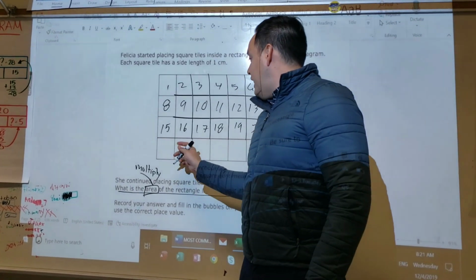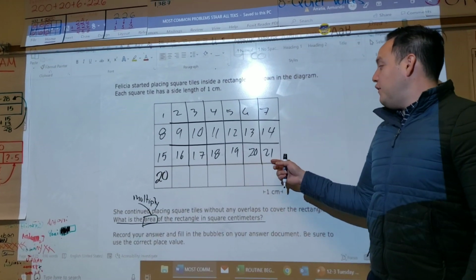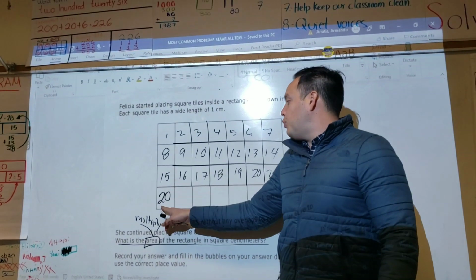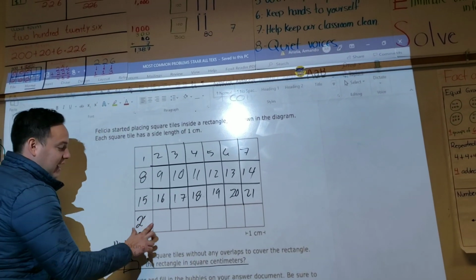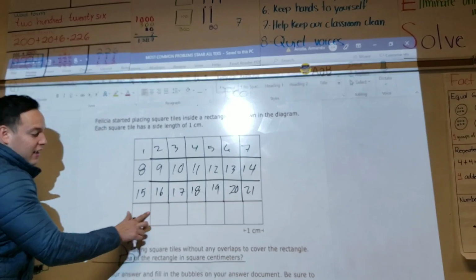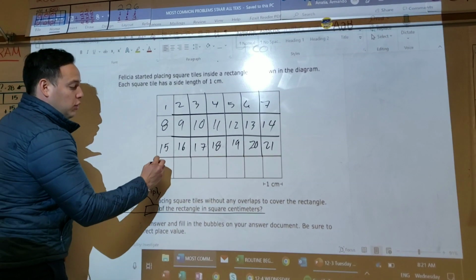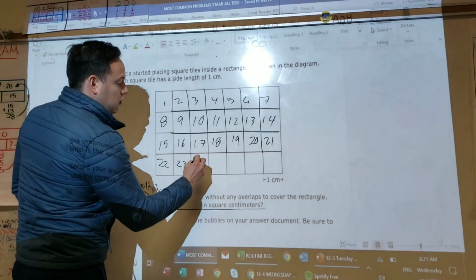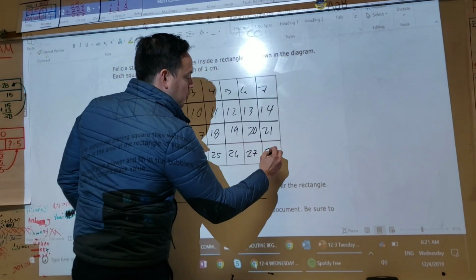You have 21 here, and then you forget that you have 20 here, and then you go to 20 or you go to 30. And you make mistakes like that, okay? So just be careful that one comes after the other. 21, 22, 23, 24, 25, 26, 27, 28.